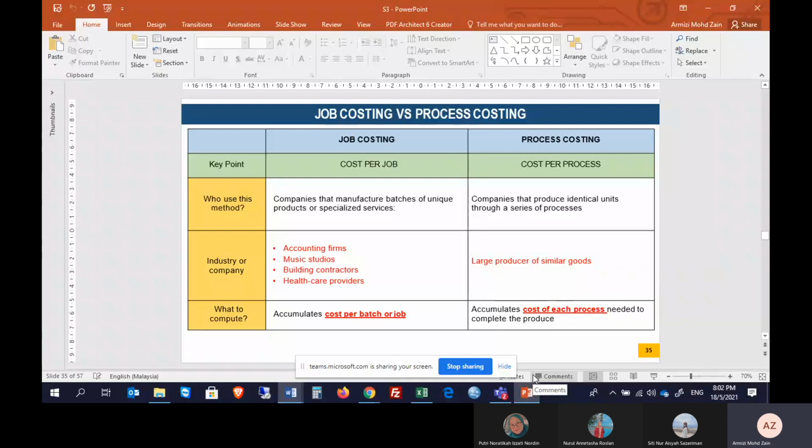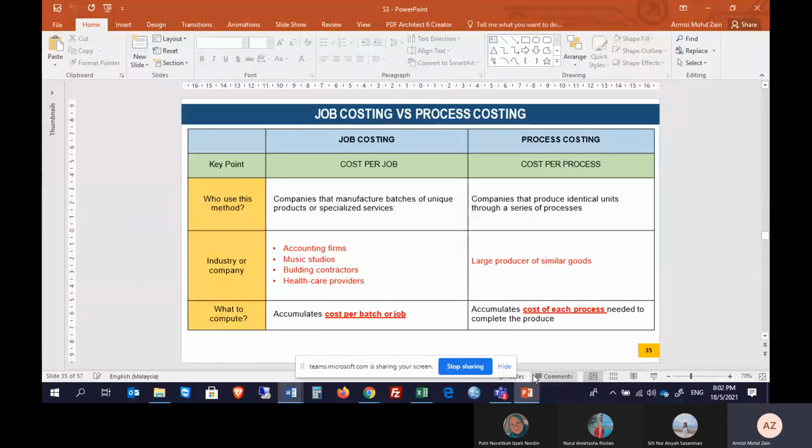The first one is the key point. For job costing, the key point is cost per job. For process costing, the key point is cost per process. Who uses this method? Companies that manufacture batches of unique products or specialized services.